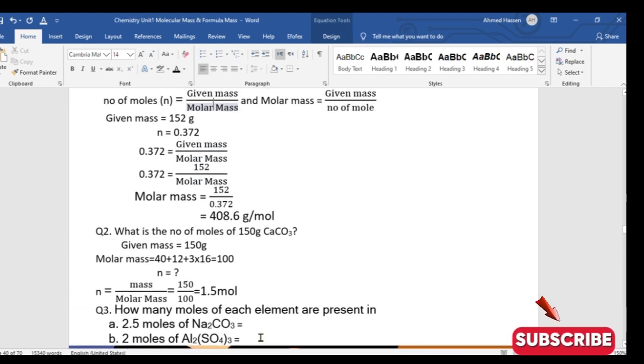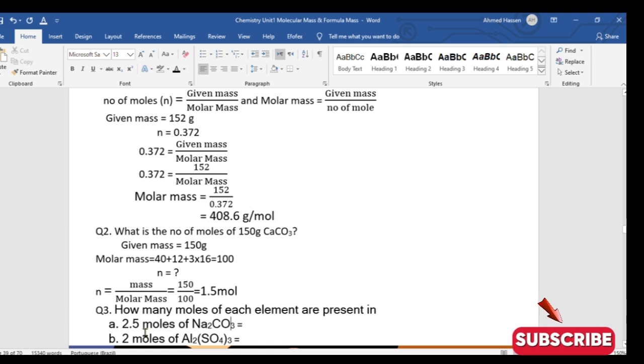Question 3. How many moles of each element are present in 2.5 moles of sodium carbonate? You see, in 1 mole of this compound, 2 moles of sodium, 1 mole of carbon, and 3 moles of oxygen are found.